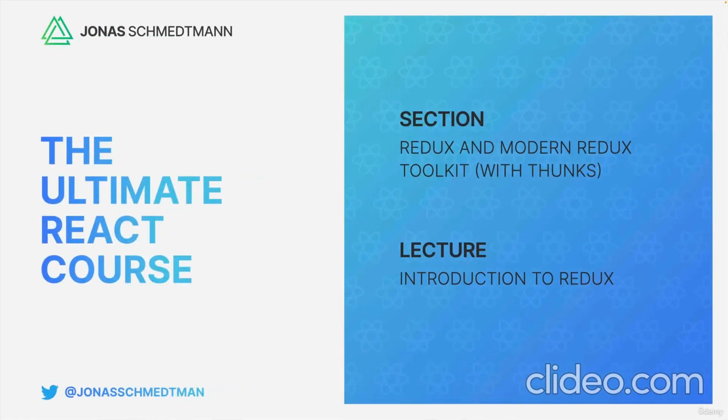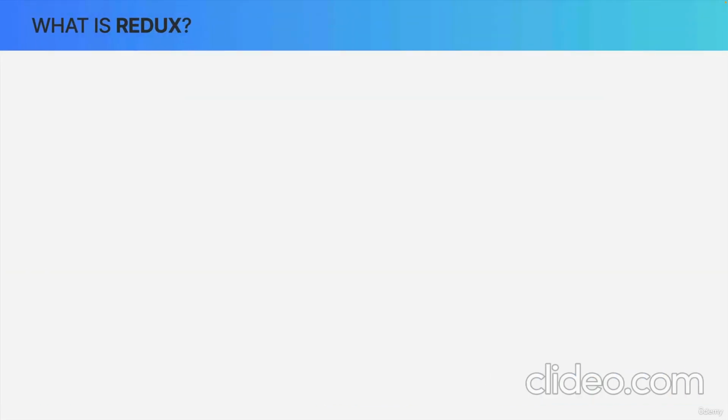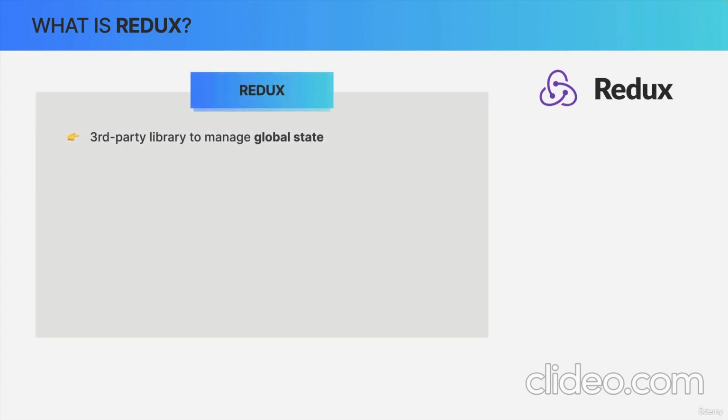As always, let's start by getting a good understanding of what Redux actually is and how the mechanics of Redux work, especially when compared with the useReducer hook. So, in a nutshell, Redux is a third-party library that we can use to manage global state in a web application.